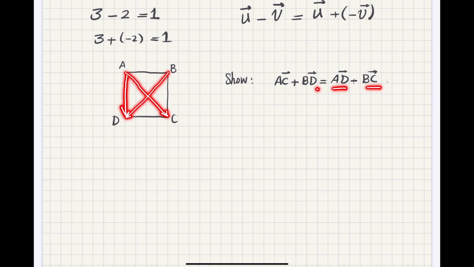AD is this one, and BC is this one. First of all, is that understandable? This is not at the level of length. Of course it is clear that the length of a diagonal is longer than the length of a side. But now I am telling you that if you add the diagonals as vectors, it becomes equal to the sum of these two sides as vectors. So why is that?